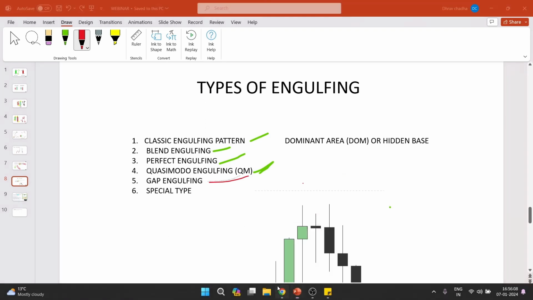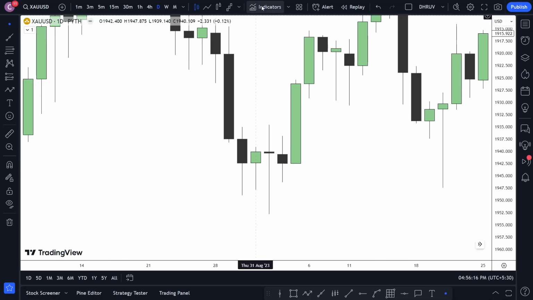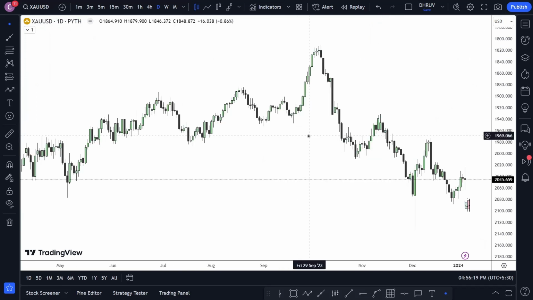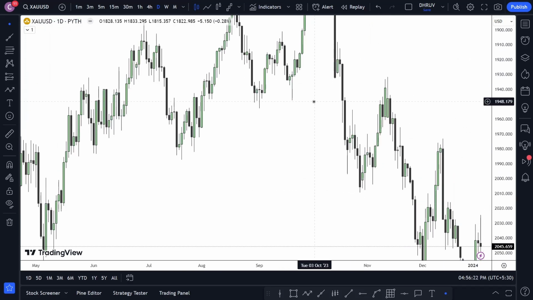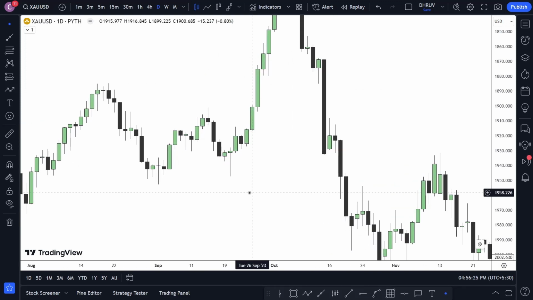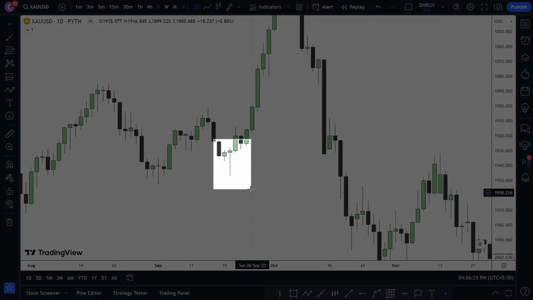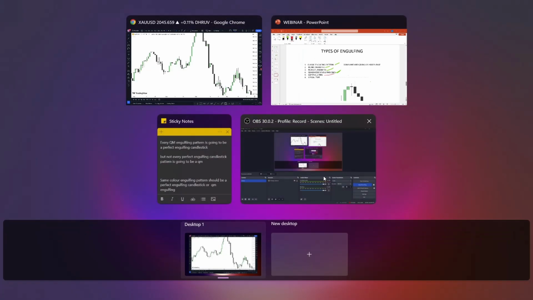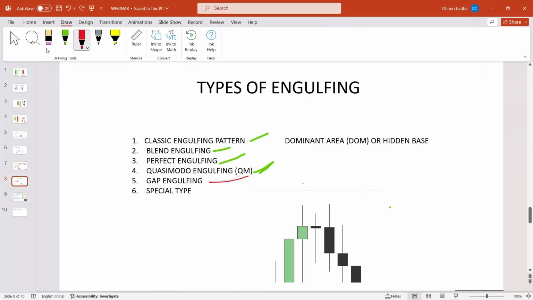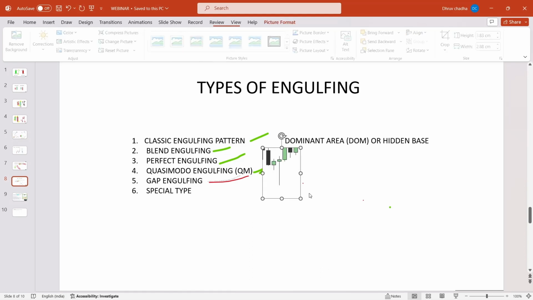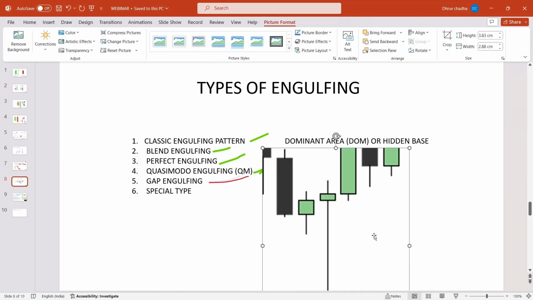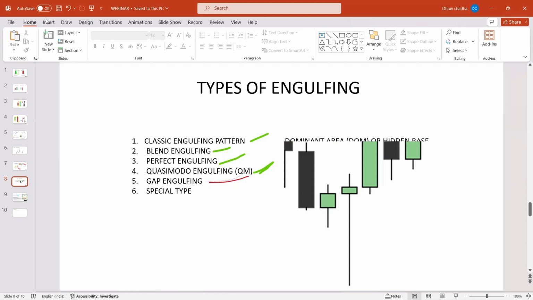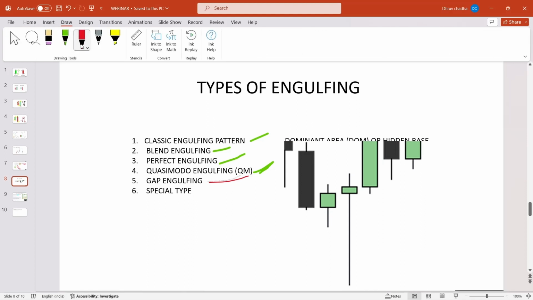Let me just look into another example as well. Okay, here's another example. Okay, you see that the low and high both were being engulfed by the next candlestick.